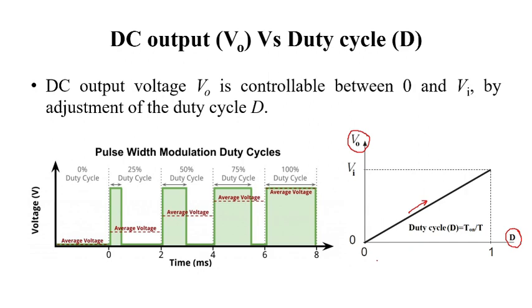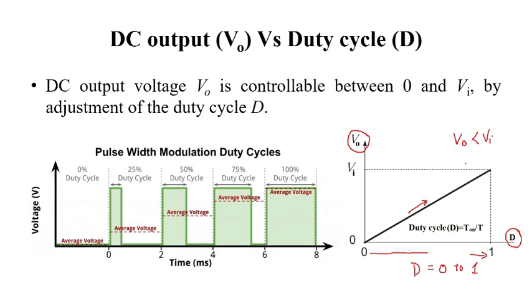The duty cycle starts from 0 till 1 only, so the duty cycle limit is between 0 and 1. As we increase the duty cycle, your output voltage also increases. For buck operation, the output voltage is always less than the input voltage.